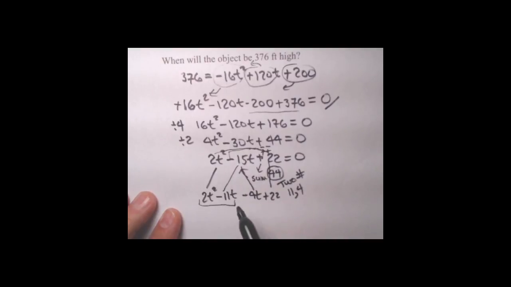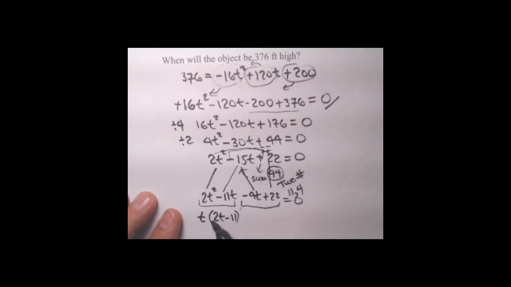And now what we do is we finish up factoring this by grouping 2 and 2 here. Well, the first two, the only thing that's common is a t, so I can factor that out and I get 2t minus 11. Now, let's see, I can factor a 2 out of these last two guys, but the question is, do we factor the plus version or the minus version?